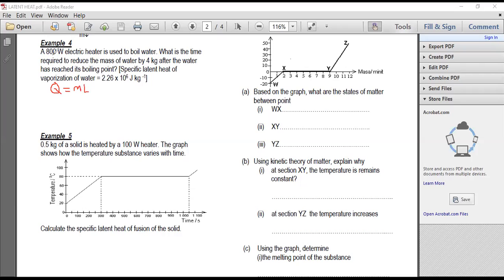Okay, so they give you power, right? So Q can be defined as Pt. From the previous topic, Q equals Pt. So what is the power? The power is 800. The time we don't know. The mass is 4. This is 2.26 times 10 to the power of 6.